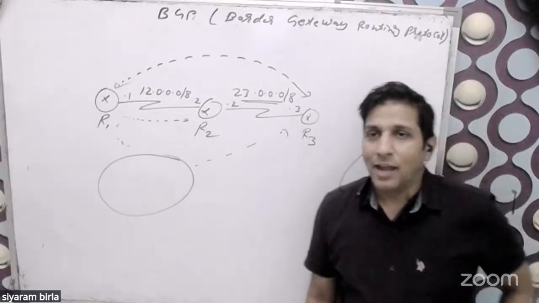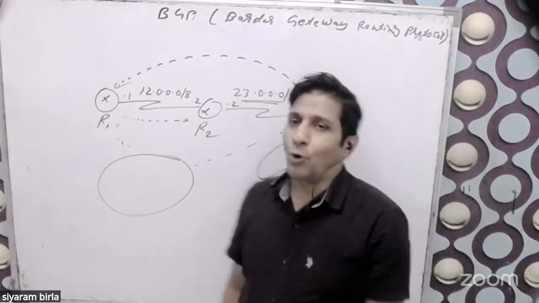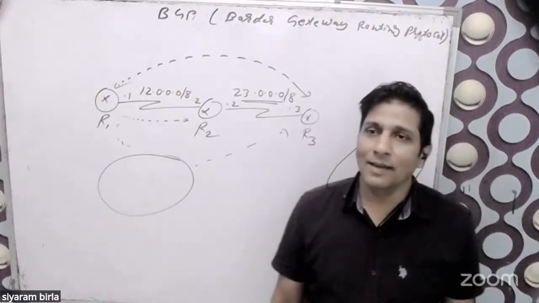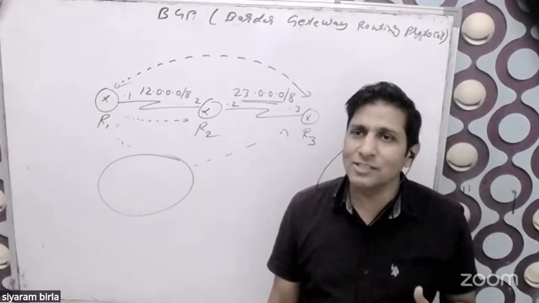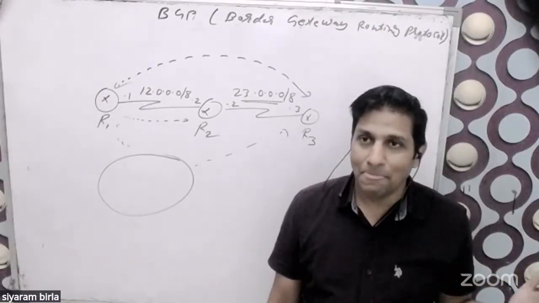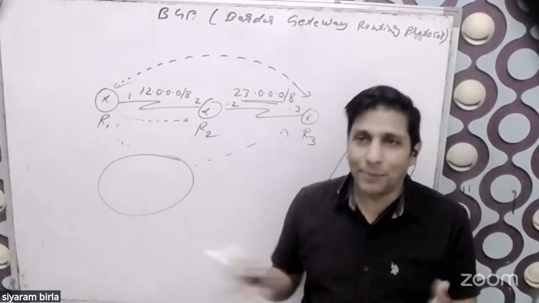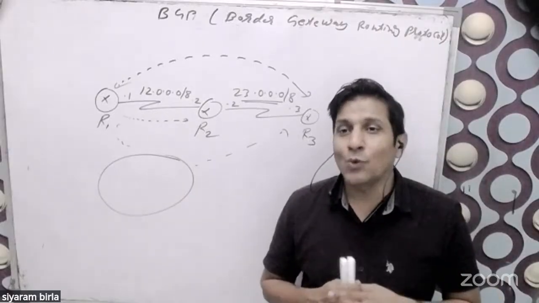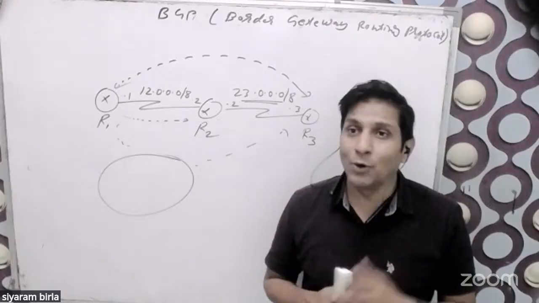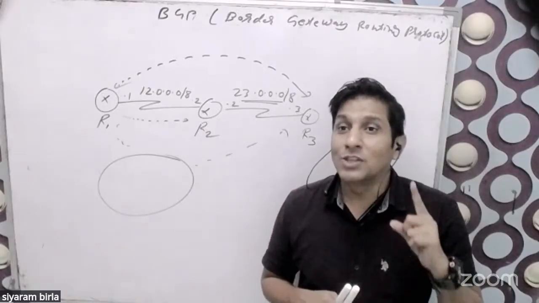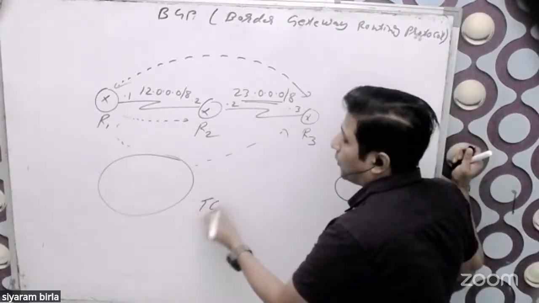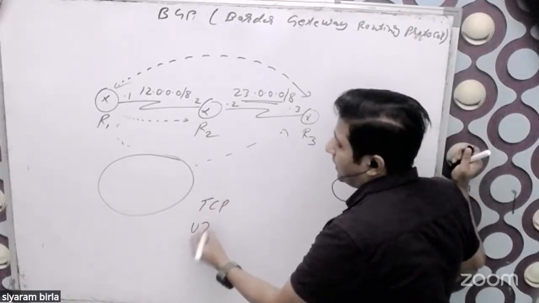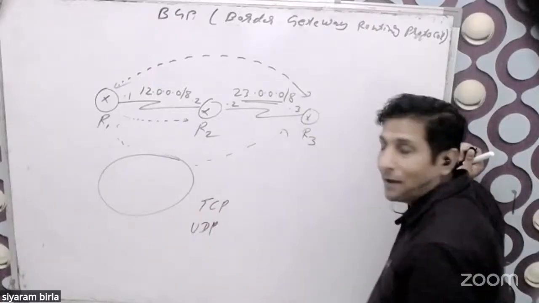And BGP is a non-periodic protocol. What do we mean by non-periodic? Non-periodic means whenever there is any change, then they will acknowledge. The hello message is also non-periodic. In the transport layer, there are two protocols: one is TCP, the other is UDP.